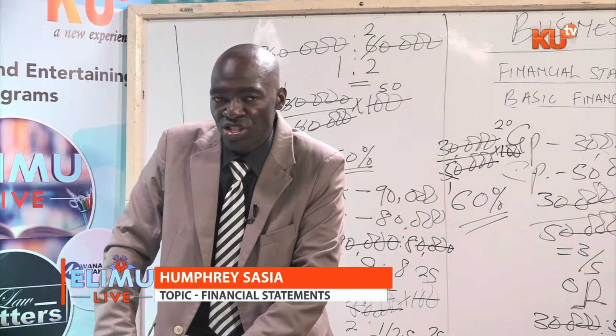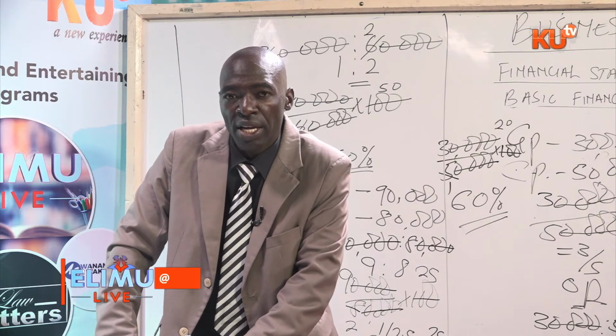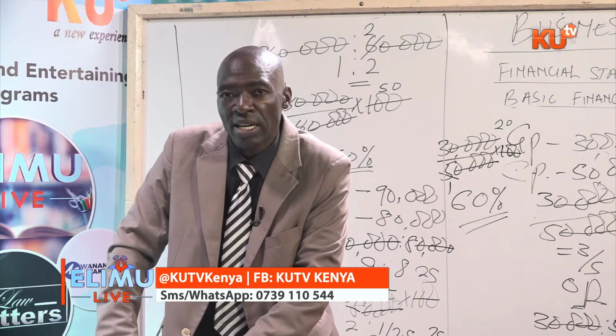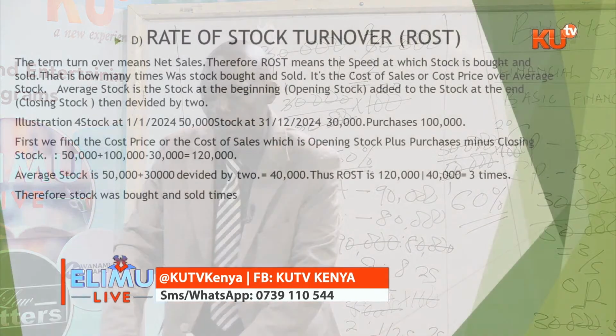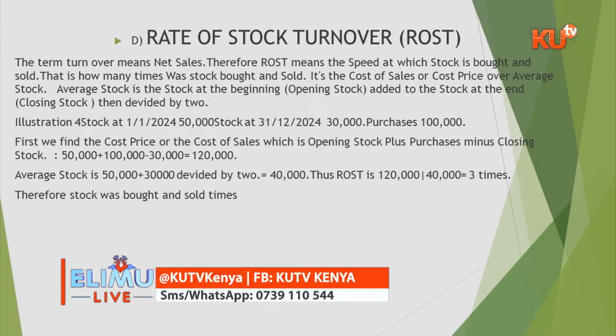We can look at illustration number 4, under rate of stock turnover. Now, we have the figures there that rate of stock turnover is calculated as the cost of goods sold over the average stock, as a percentage or as a fraction.